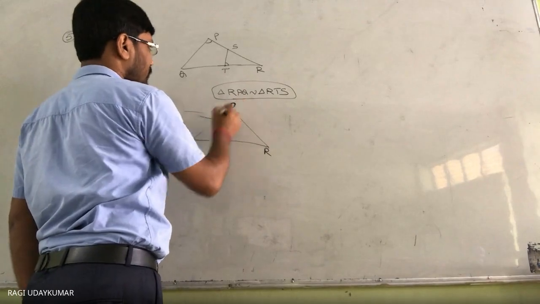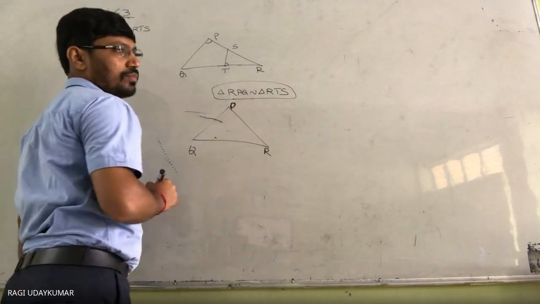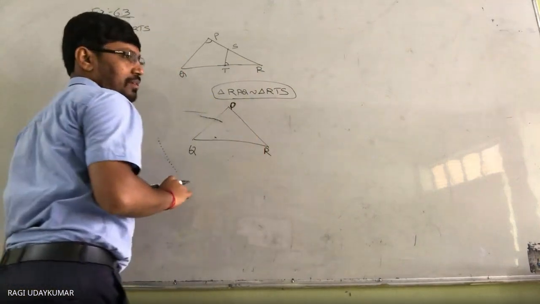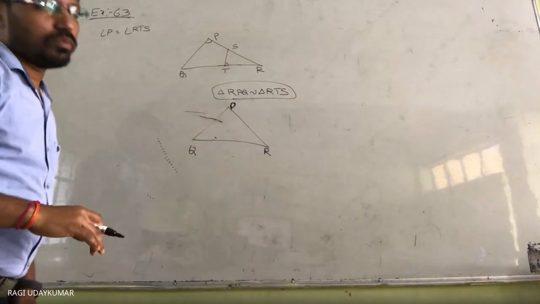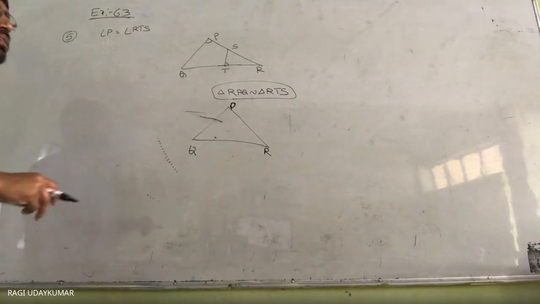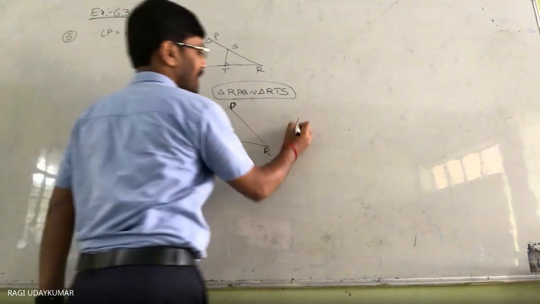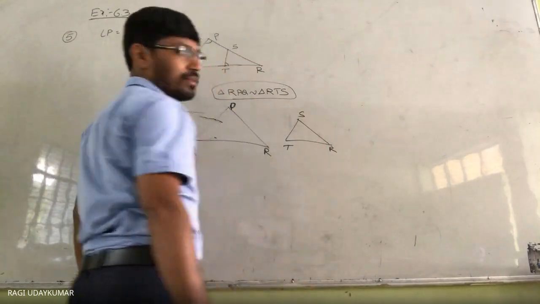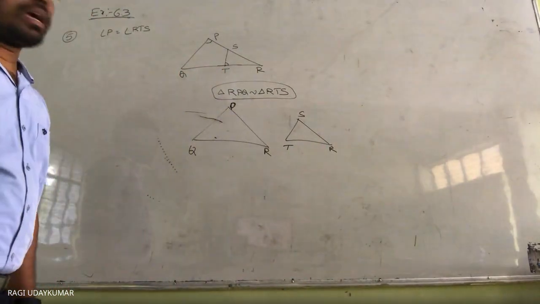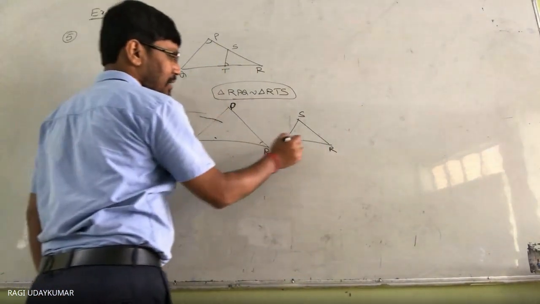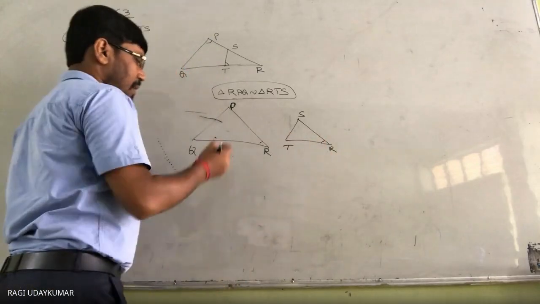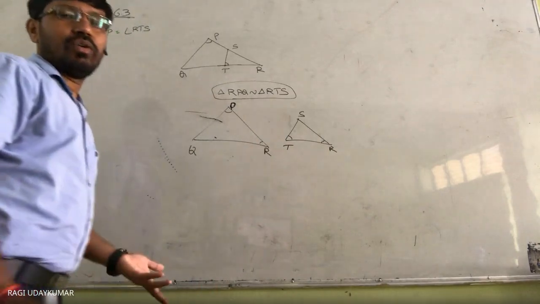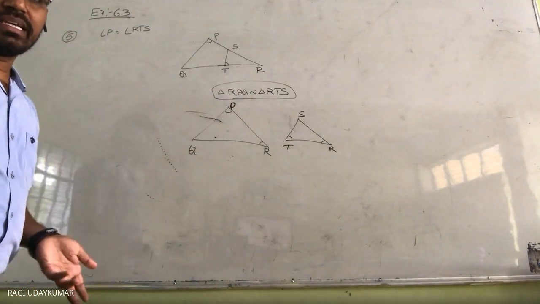RPQ, and RTS, the smaller triangle. We have to prove these two triangles similar. Now how can we show it? In RPQ, R is equal here, and P is equal to T. Two corresponding angles.